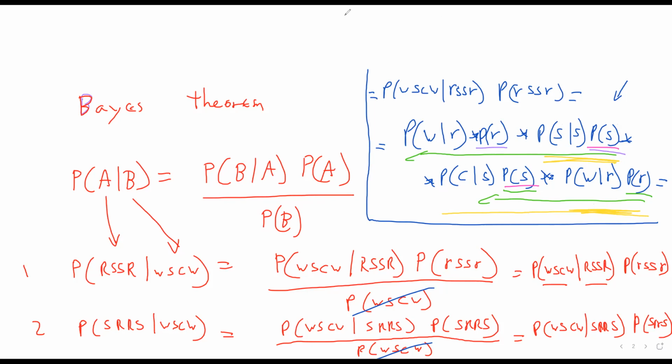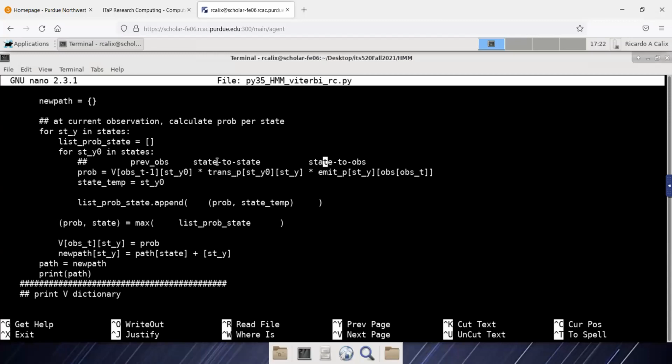Basically this idea is captured in that code as such: previous observation, state to state, state to observation, which are, as I said, those different named tables, transition and emission.